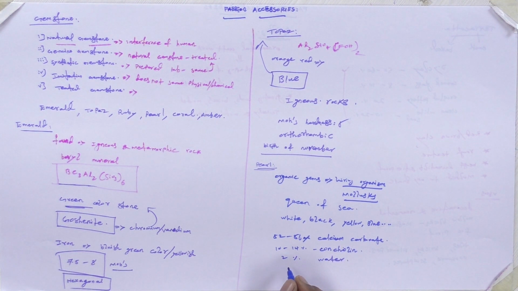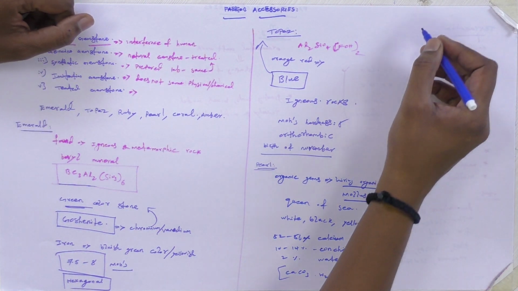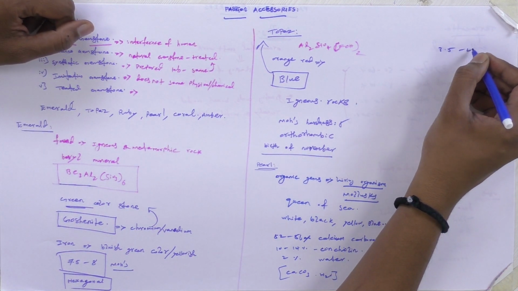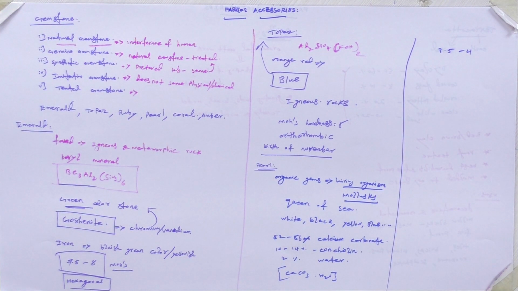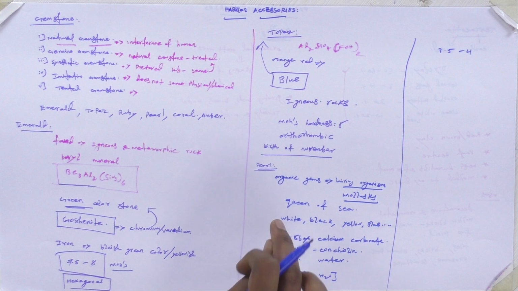So the main formula is CaCO3, H2O. Its Mohs hardness is 3.5 to 4 on the Mohs scale.